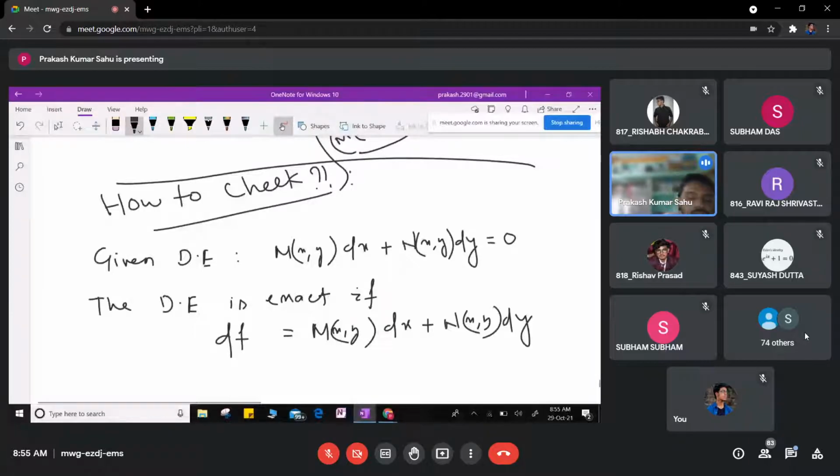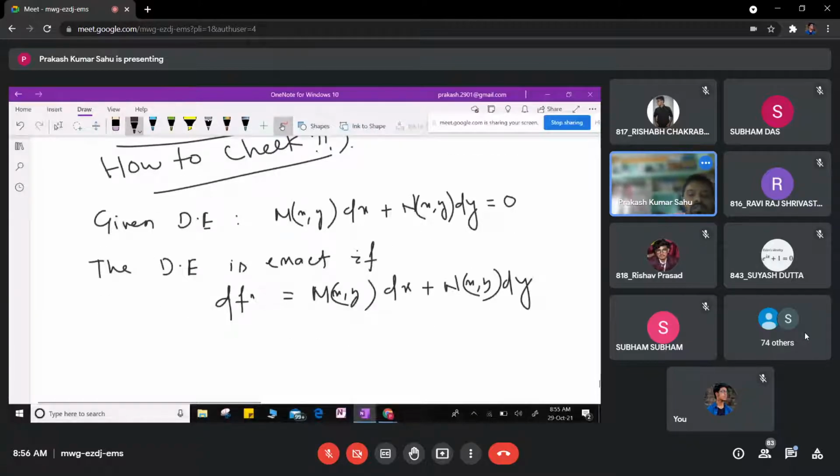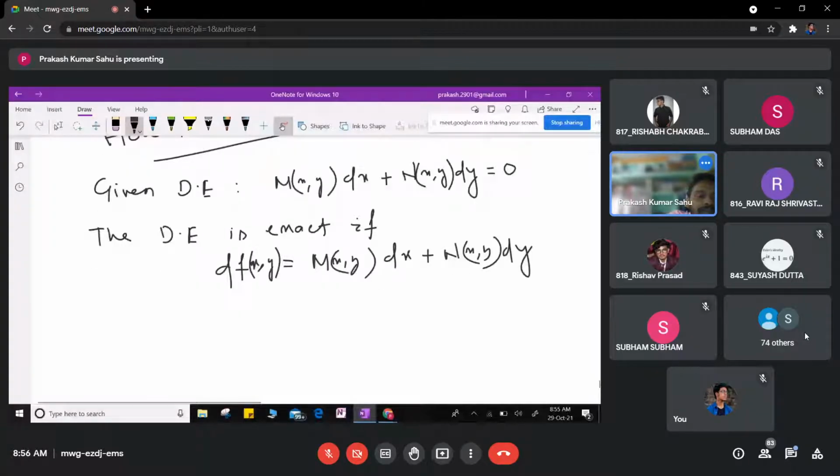This f is a function of x, y. So suppose I am writing this as equation 1.